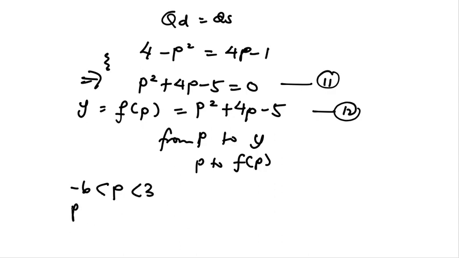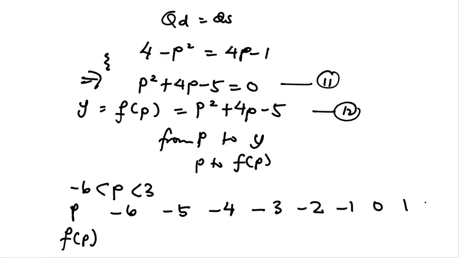Let's say P is here, f(P) is here, so f(P) is minus 6, minus 5, minus 4, minus 3, minus 2, minus 1, 0, 1, and 2.